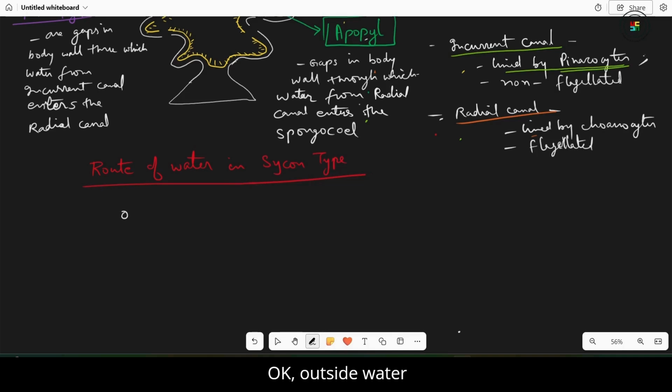Okay, outside water, through dermal ostia, enters the incurrent canal.